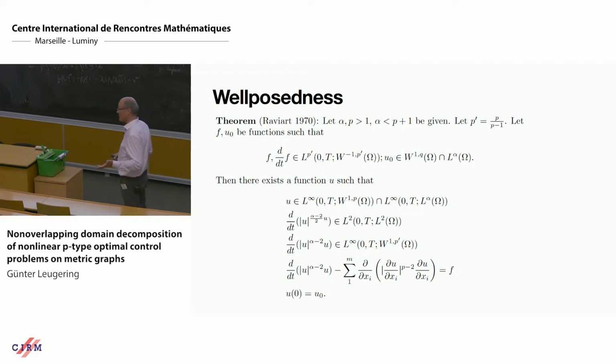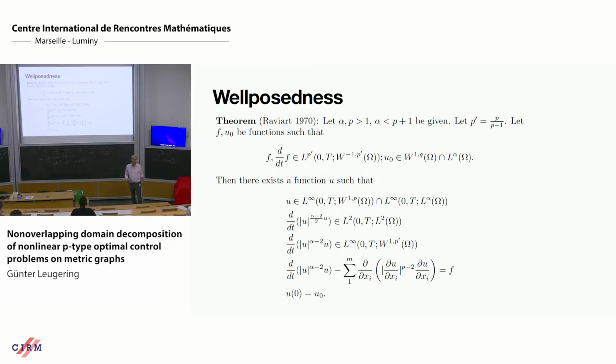I mean, you have L infinity or L2 controls, and most of the PDEs don't like this, and then you have to go to very weird spaces. So this is a difficulty that you always have in control theory: the inhomogeneous boundary conditions.